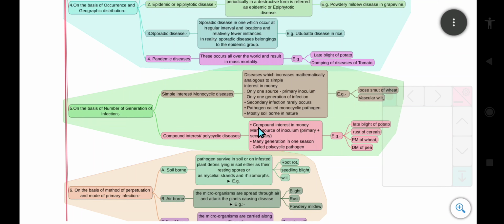Its characteristics are, like compound interest in money, many sources of inoculum, that is primary plus secondary, and many generations in one season, and they are also called polycyclic pathogens. Its examples are late blight of potato, rust of cereals, PM of wheat, meaning powdery mildew of wheat, and DM of P, meaning downy mildew of pea.